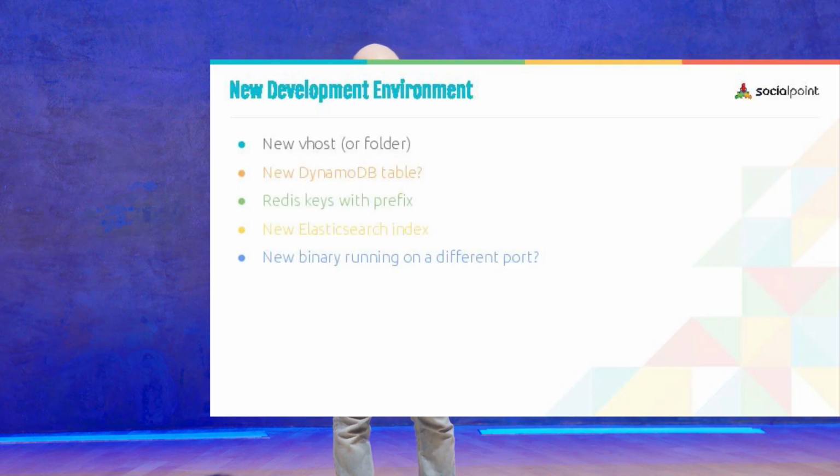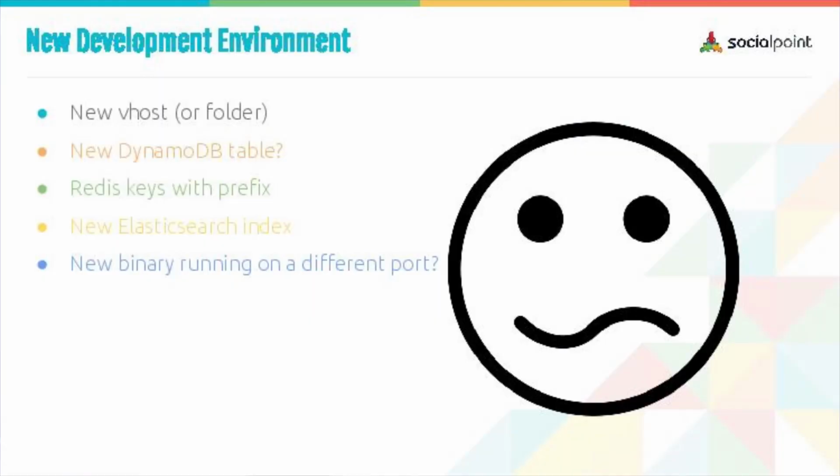OK, new development environment, new virtual host, new DynamoDB table, Redis keys with its prefix, index for Elasticsearch, and what do we do with this new service in Golang? We decide to run a binary for each environment. So we have to select a port to run that service. We have to open firewalls. Well, it's a mess.